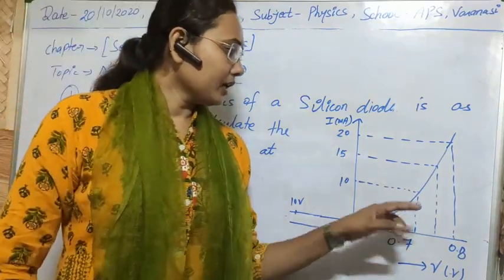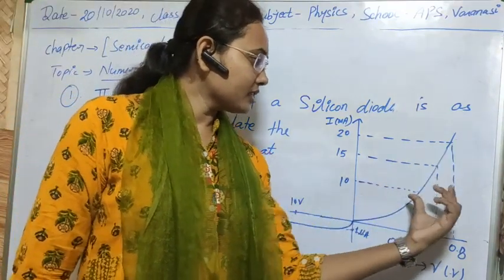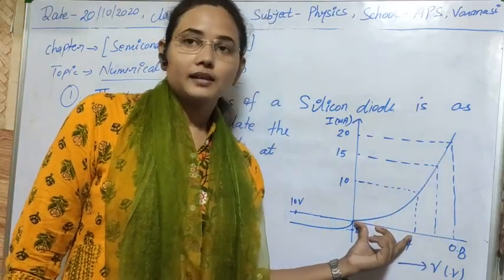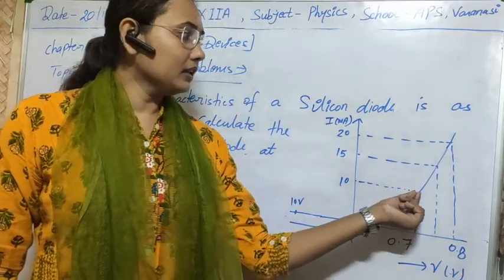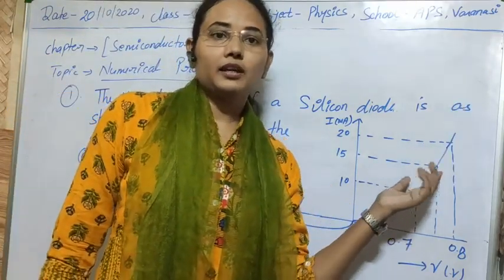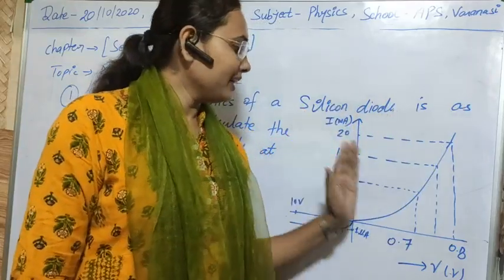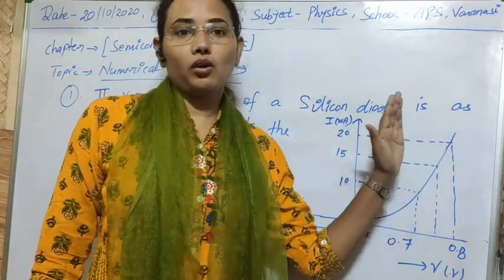First of all, in case of forward bias, we see that after a certain voltage the curve has a linear increment. It has a linear relation between V and I, which means it obeys Ohm's law here.